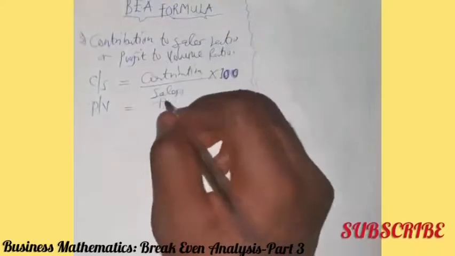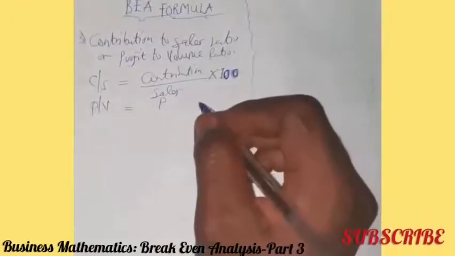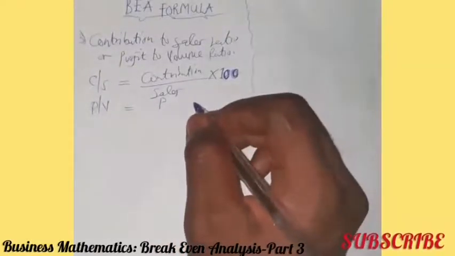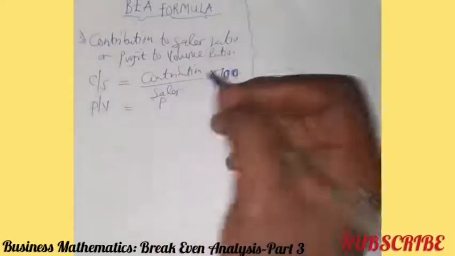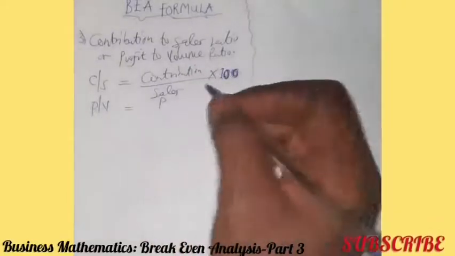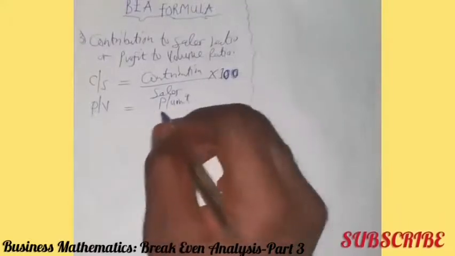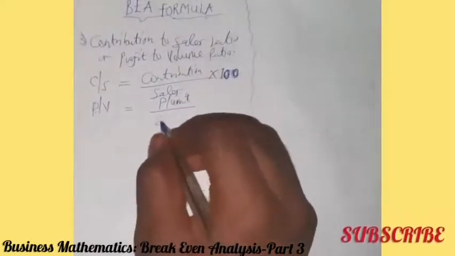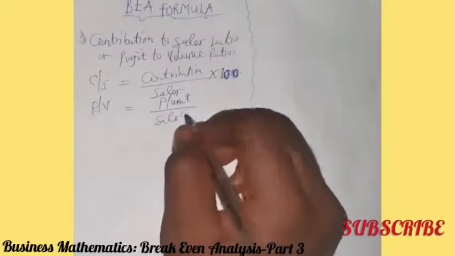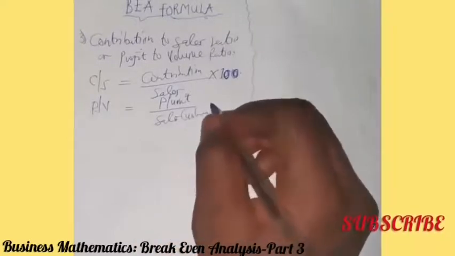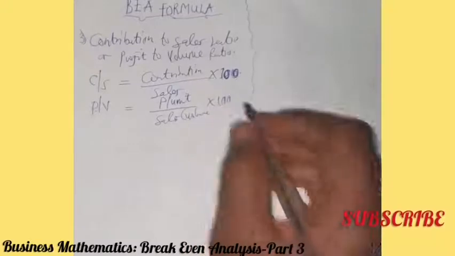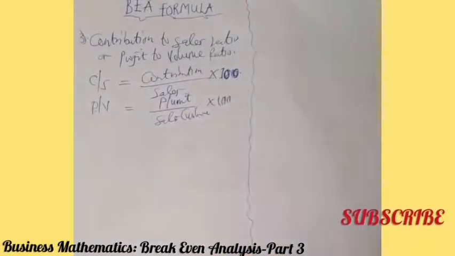So that is profit over volume. So the same thing, which is contribution over your sales, and then also multiply by 100, right?